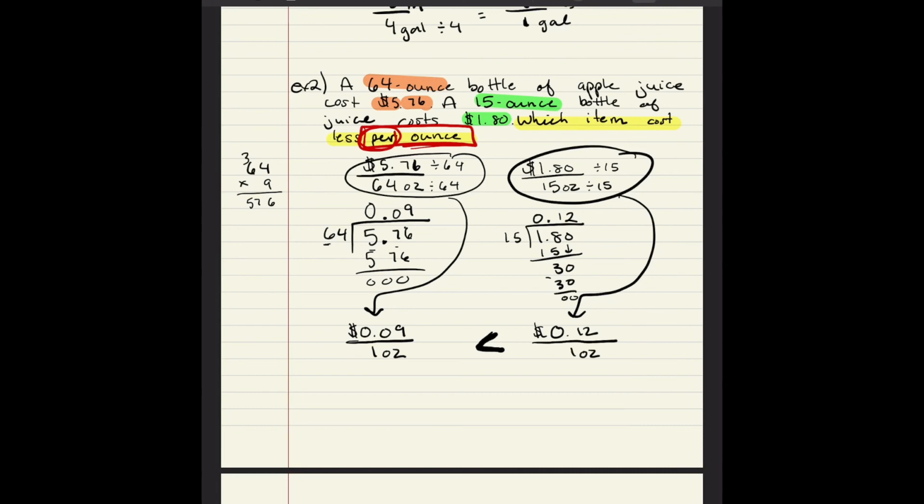So it's asking us which item costs less per ounce.